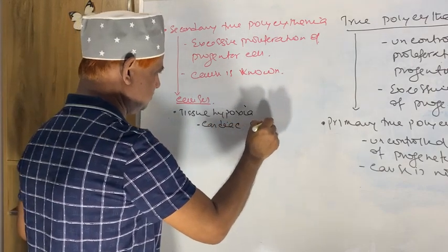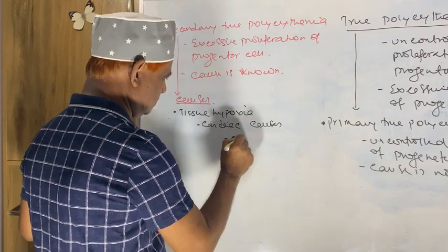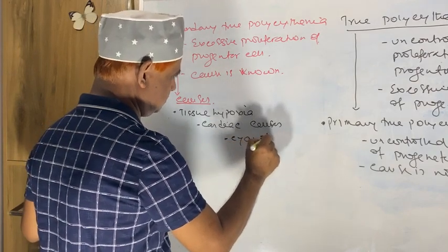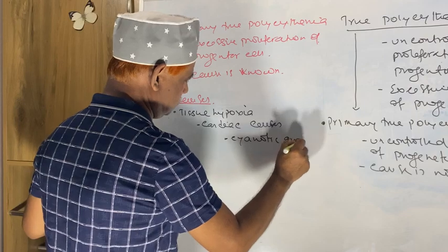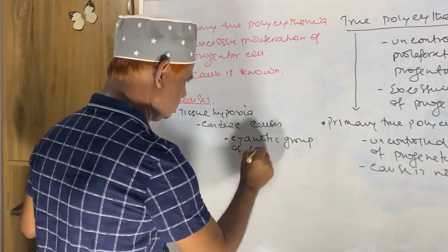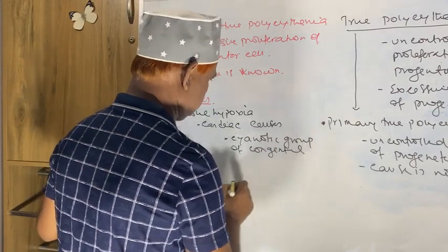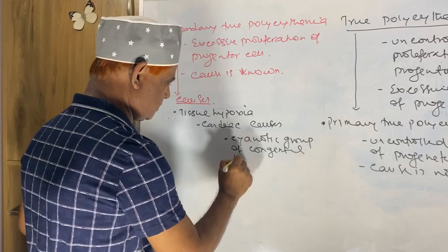Cardiac causes like cyanotic group of congenital heart disease.